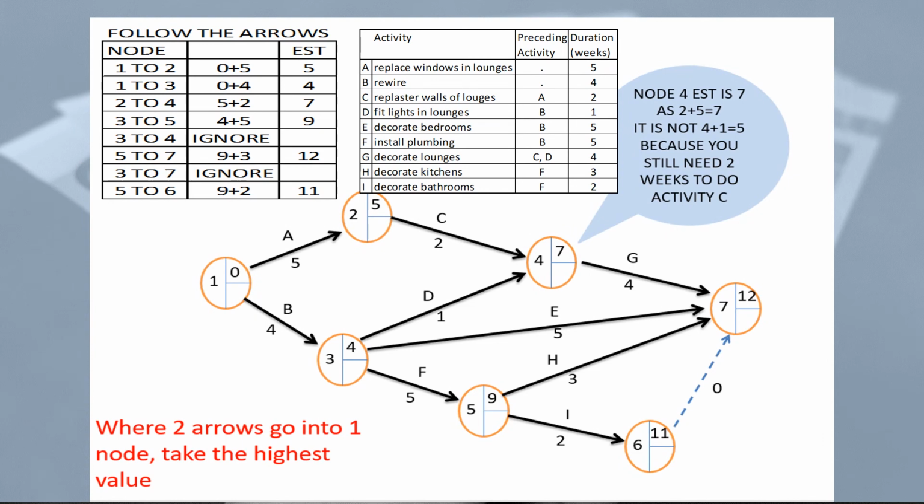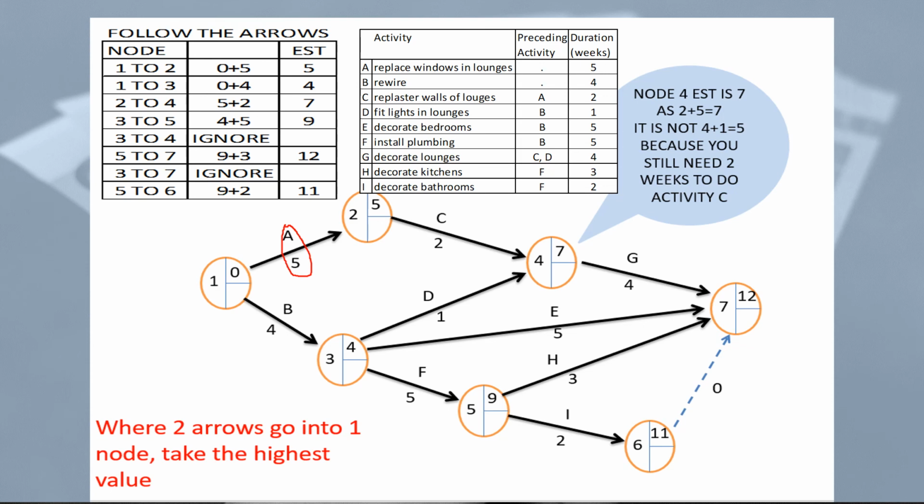Okay, so now let's look at this example and try and work out what's happening here. If we start from node number 1, which has 0 time, we can see A. A takes 5 weeks.